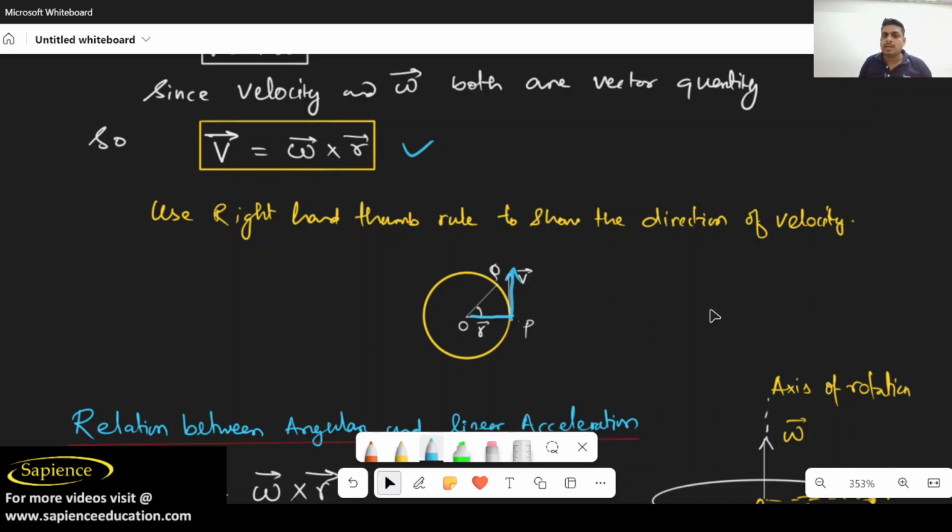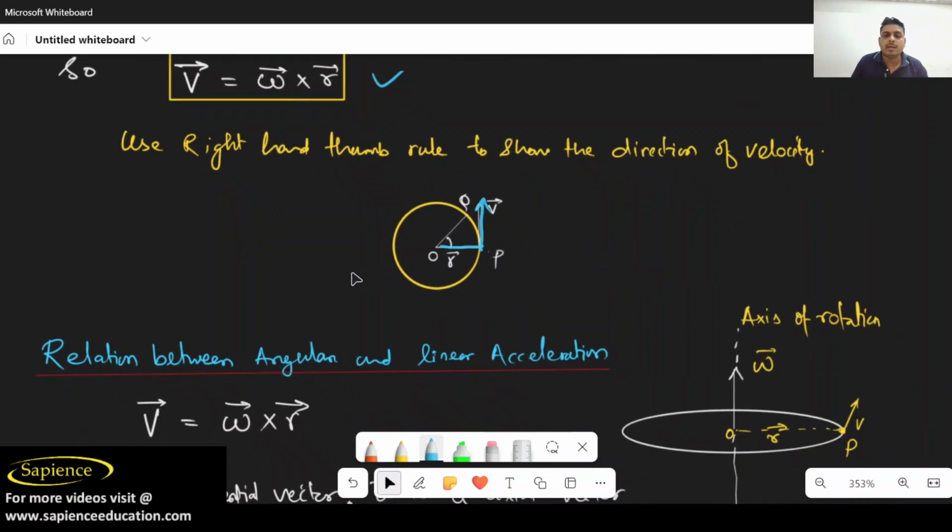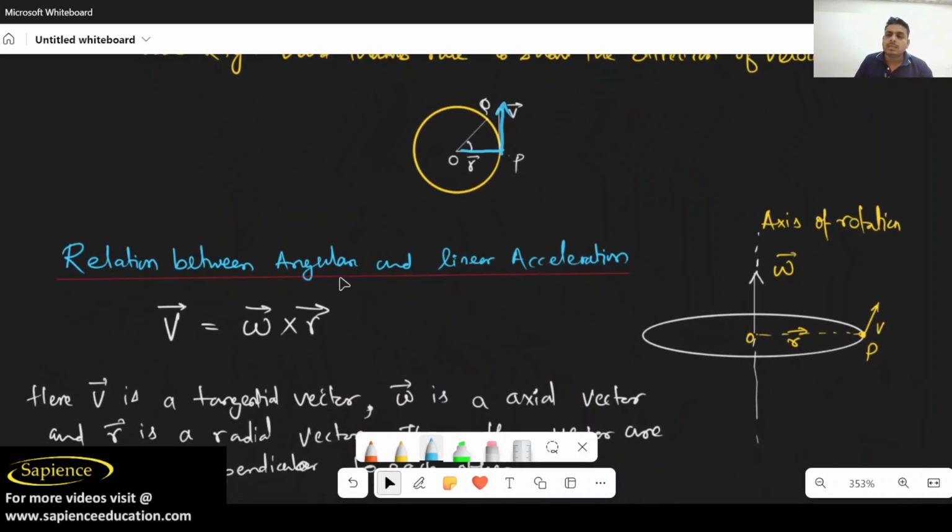By using the right hand thumb rule, the axis of rotation has angular velocity in this direction and the radius in this direction. If I do omega cross r, you will get a velocity in this direction, yes or no? So this is actually velocity.